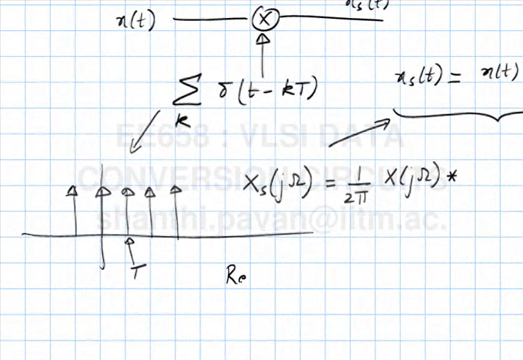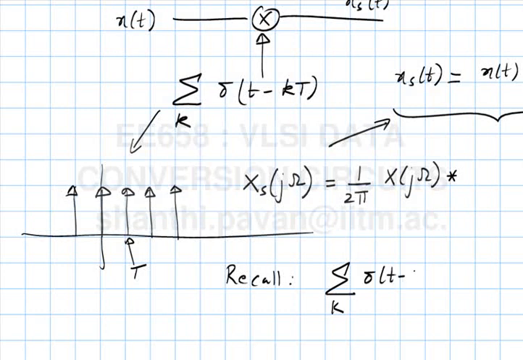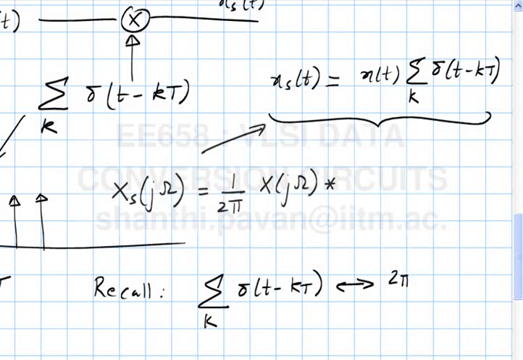And please recall, the delta train transforms to 2 pi by T times the sum of delta of omega minus 2 pi k by T. The 2 pi by T is coming because we are talking about radian frequency.